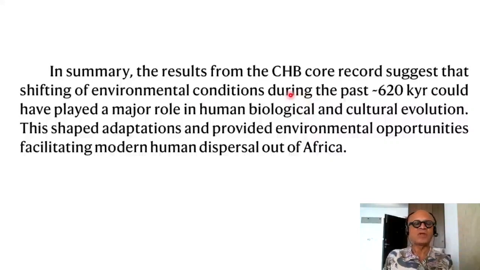In summary, the results from CHP core records suggest that shifting of environmental conditions during the past 620 kiloyears would have played a major role in human biological and cultural evolution. This shaped adaptations and provided environmental opportunities, facilitating modern human dispersal out of Africa.